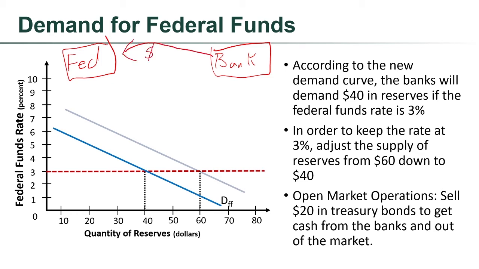We need to get $20 out of the market. Well, in order to do that, the banks aren't just going to give the Fed $20, right? The Fed's got to give them something in return. Using open market operations, that's going to be $20 in treasuries. So the Fed gave the bank treasuries, the bank gave the Fed $20, so the Fed sold $20 in treasury bonds to get cash from the banks and out of the market.